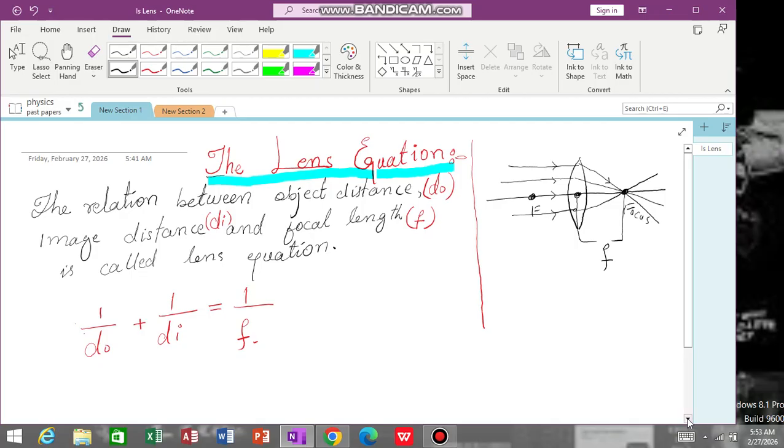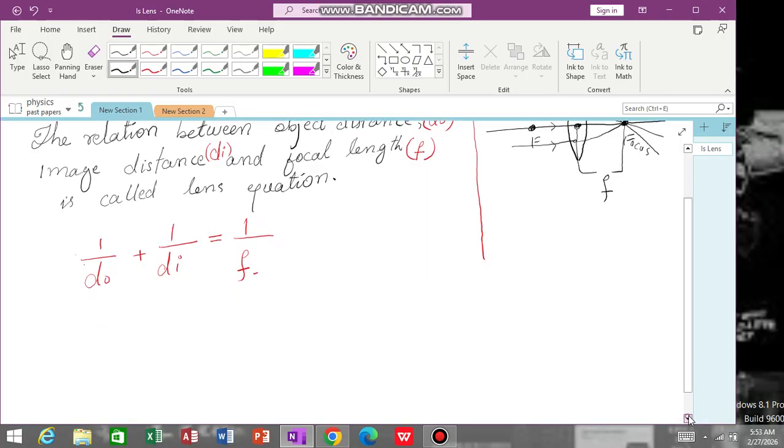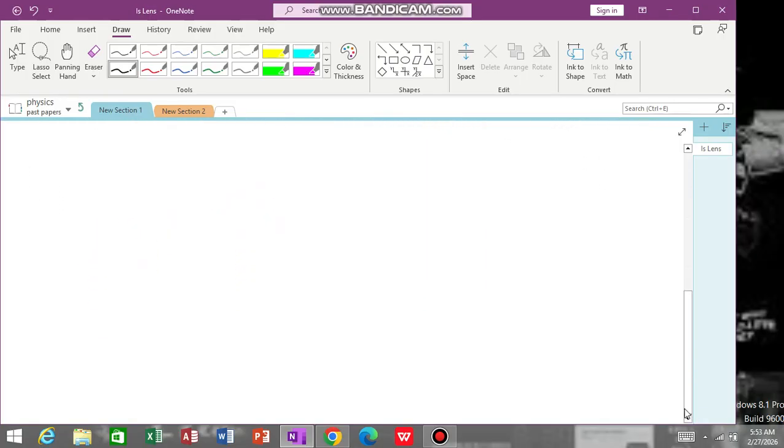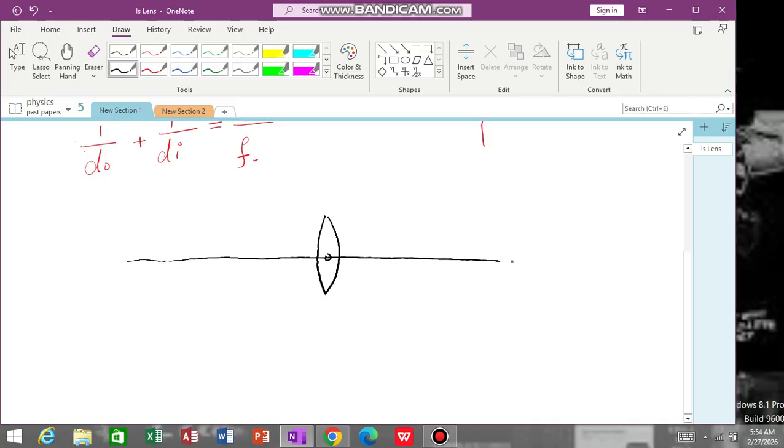Now, in order to derive this relation, let's draw a simple diagram. For instance, I take a convex lens. This is a convex lens, and this is the optical center. The horizontal straight line passing through the optical center is called the principal axis.